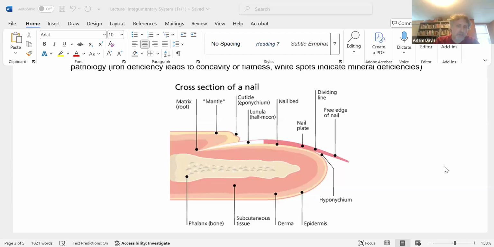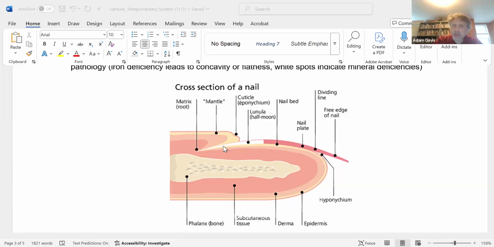Now we're looking at a whole fingertip here, not just a nail. So you can see some of the things going on here. Here's the bone of the fingertip, and the flesh of the fingertip. But the things about the nail itself: here is the skin overlapping the tip of the nail, which is often called the mantle covering the nail, or the cuticle, properly known as the eponychium.